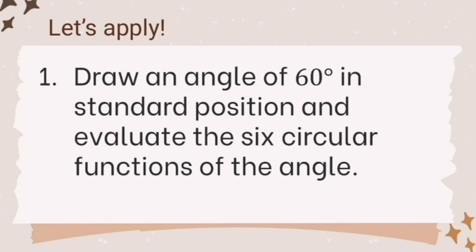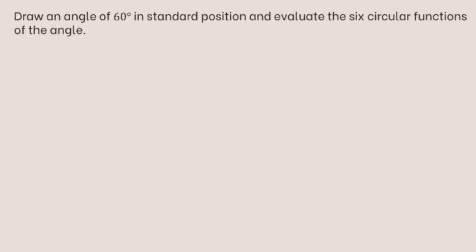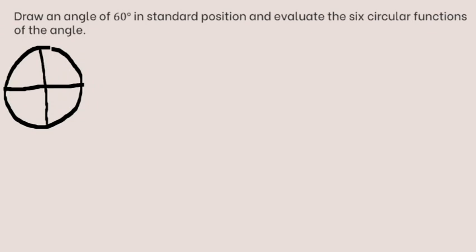For example, draw an angle of 60 degrees in standard position and evaluate the six circular functions of the angle. For this example, we use the coordinates of the angle 60 degrees in the unit circle. So we draw a unit circle, and this is our 60 degrees.